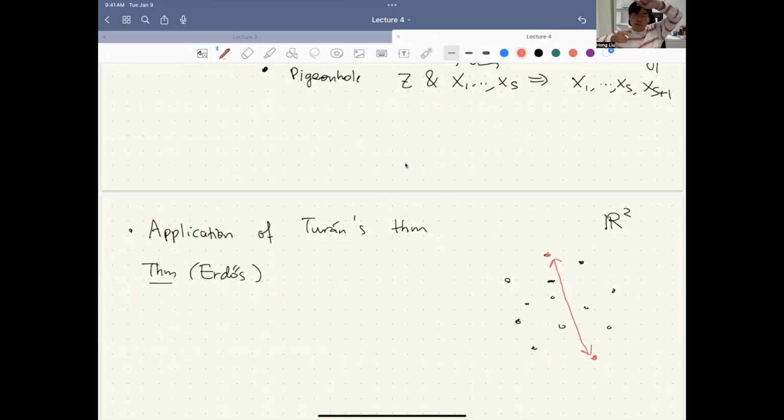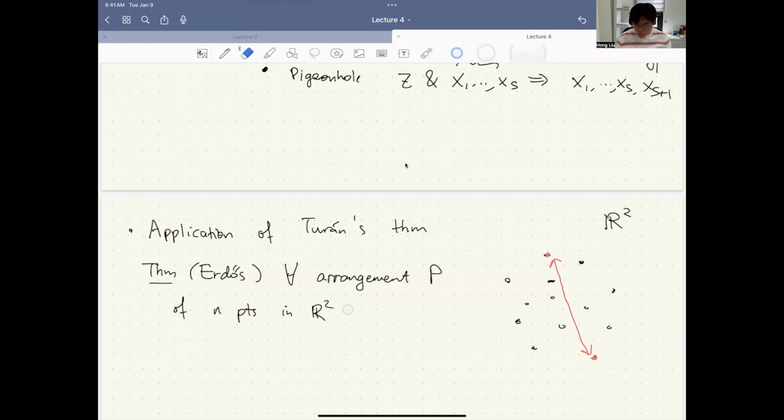So two points cannot be more than distance 1 apart. So for any arrangement P of n points in the plane R² with diameter one.